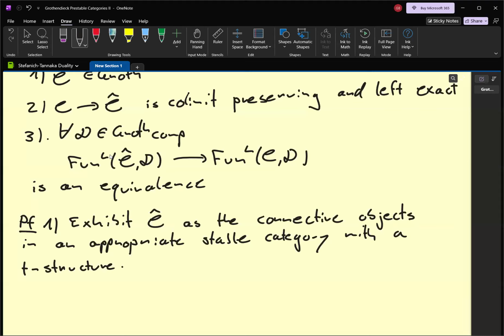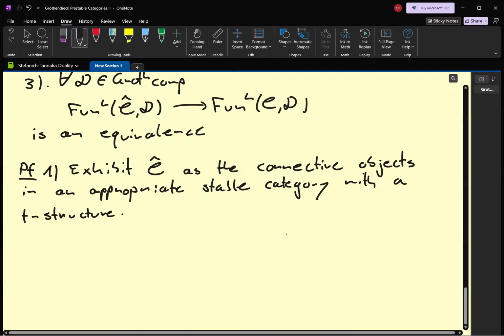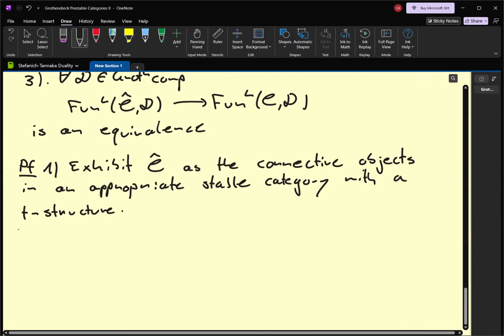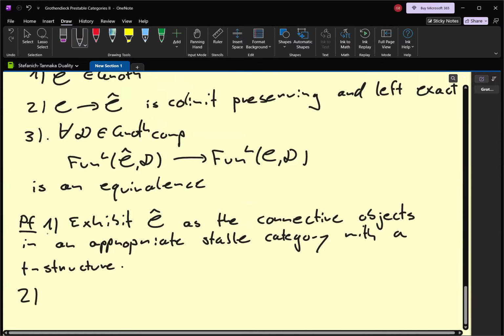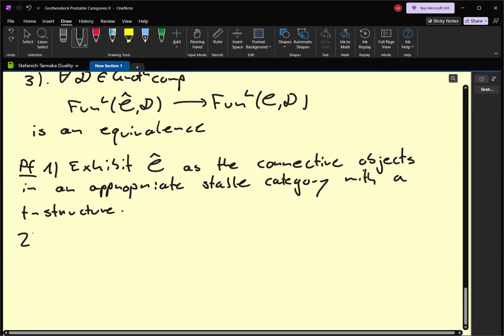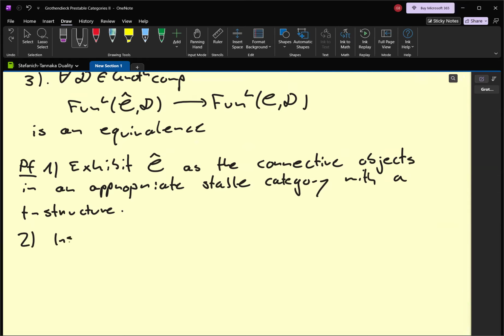Maybe you have to argue a couple of words about the T structure being compatible with filtered colimits, but that's very easy. It's mostly stuff from Higher Algebra. And two is just inspection of the proof of one.